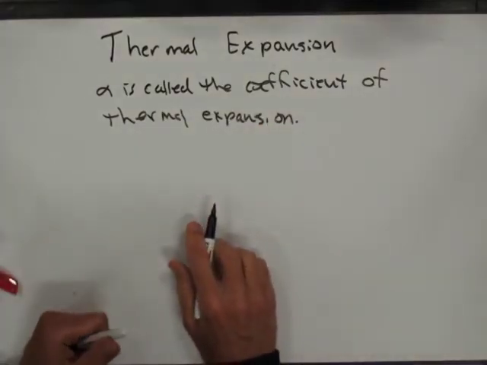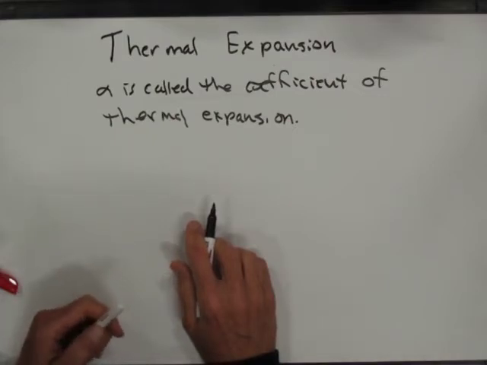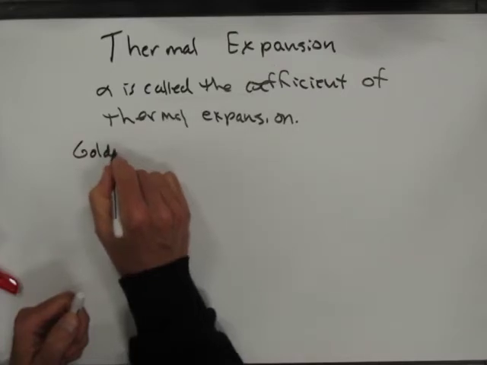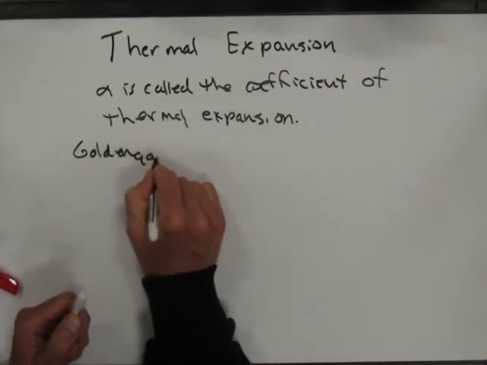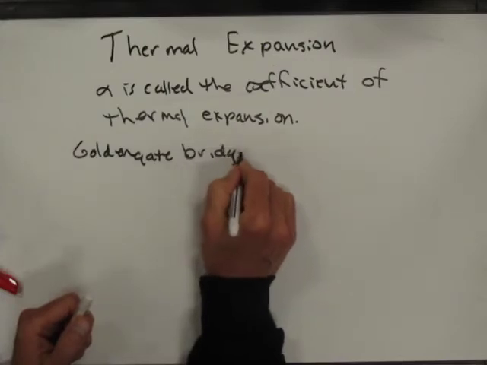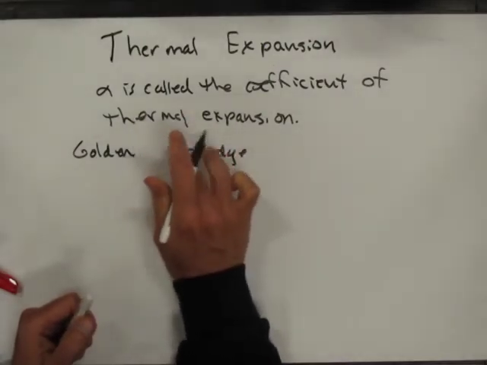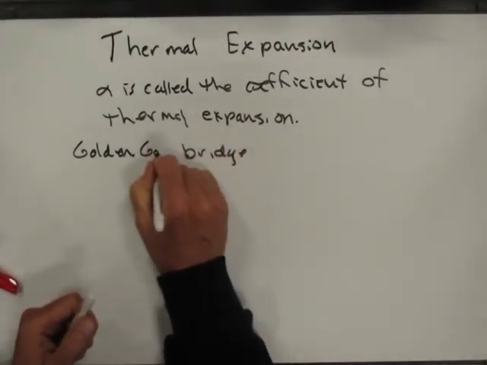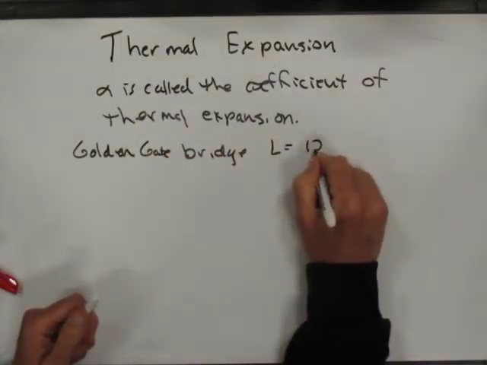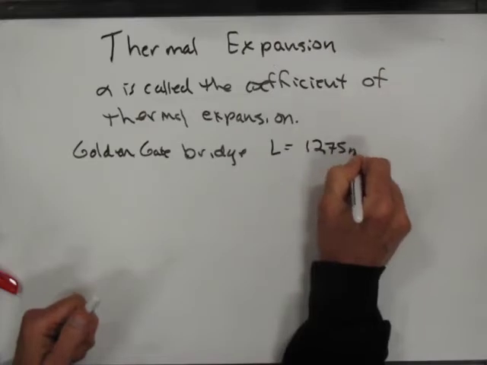So let me just give you an example. For the Golden Gate Bridge, the length is 1,275 meters.